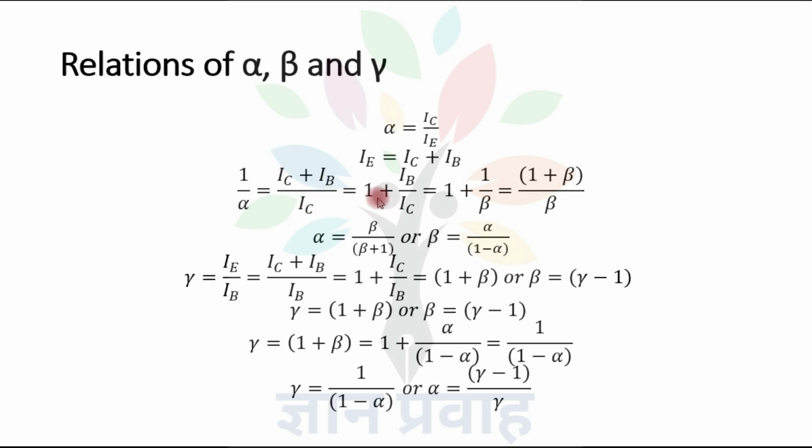So this is 1 plus IB upon IC, and IB upon IC equals 1 upon IC upon IB, which equals 1 upon beta. So 1 upon alpha equals 1 plus 1 upon beta, which is beta plus 1 upon beta. So alpha equals beta upon beta plus 1, or beta equals alpha upon 1 minus alpha. That is the relation between alpha and beta.